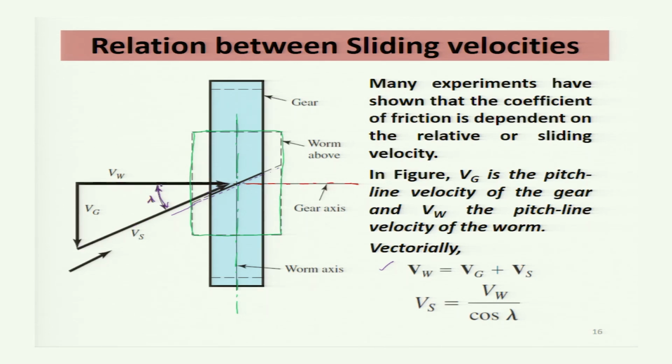From this right angle triangle, Vs cos lambda is equal to Vw.